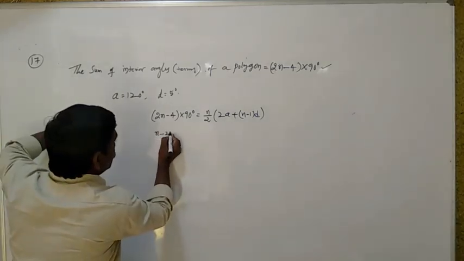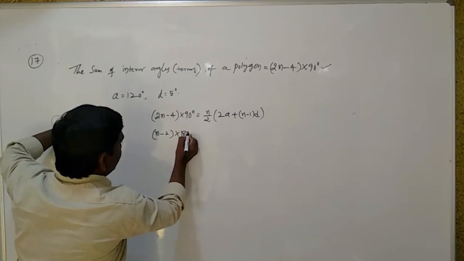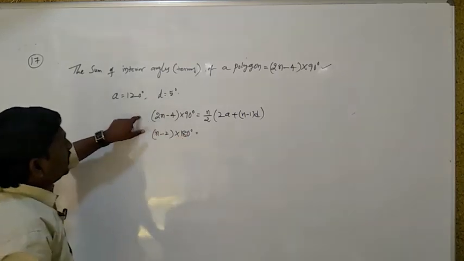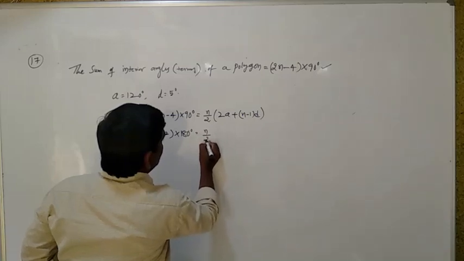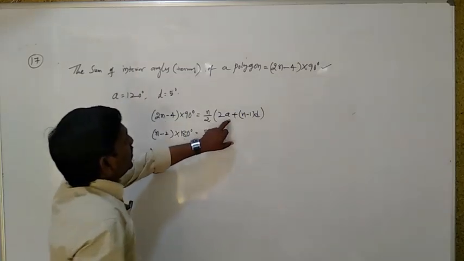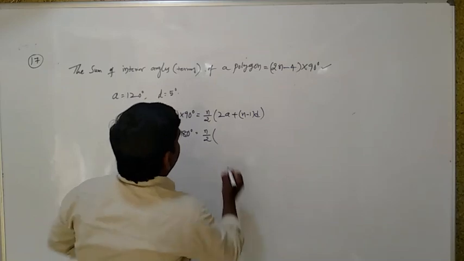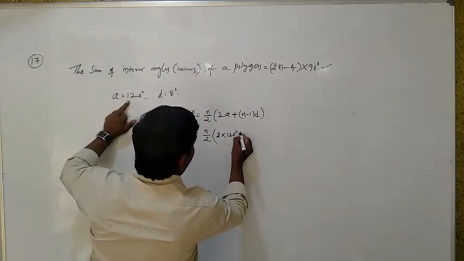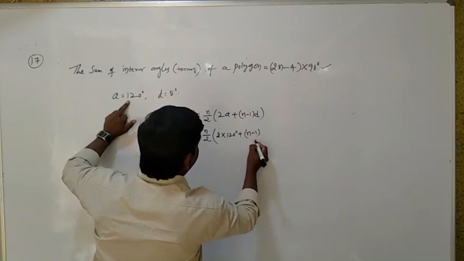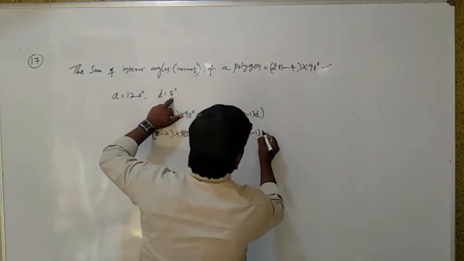So (n minus 2) into 180 degrees. Why? Because 2 is the common one. 2 into 90, 180 degrees. And n by 2 into, substitute A and D values. What is the A value? 120 degrees plus (n minus 1) into D value 5 degrees.